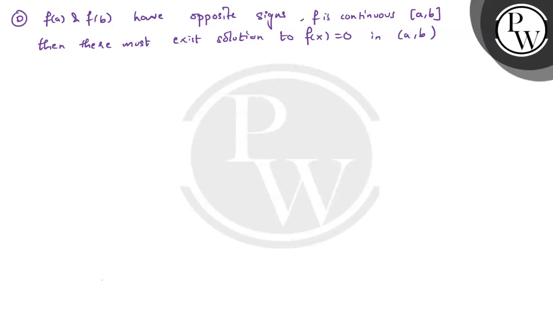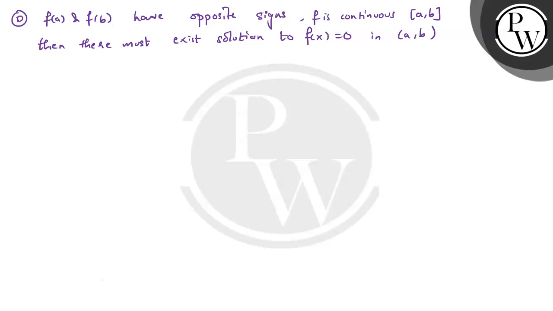So this is the statement of the location of roots theorem, right? There we had a function which is continuous over a closed interval, and at the endpoints the product is less than 0. That means f(a) and f(b) have opposite signs. Then we have a point c in the interior of a, b where f(c) is equal to 0.